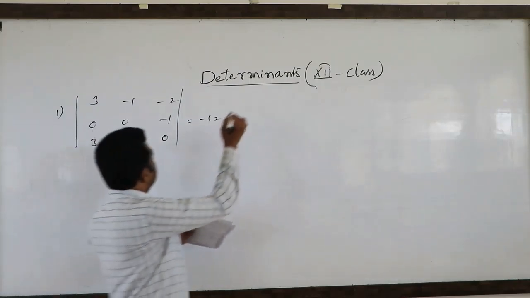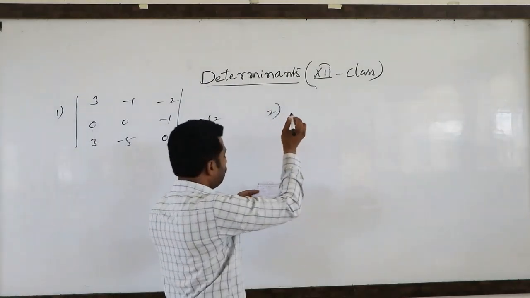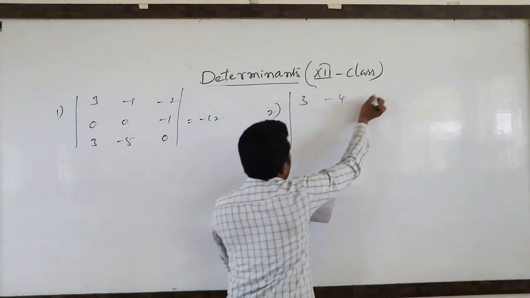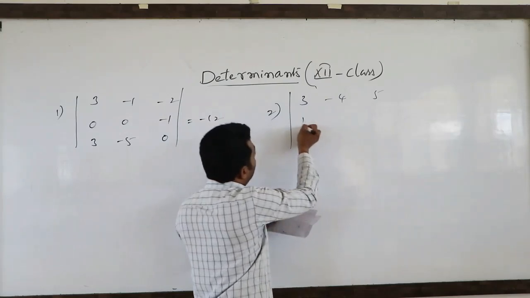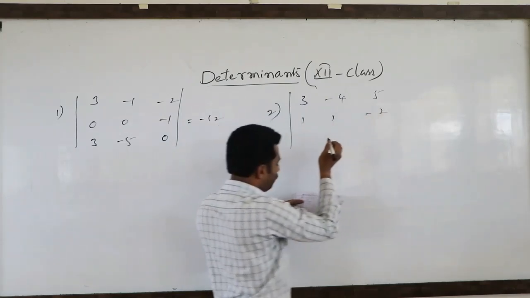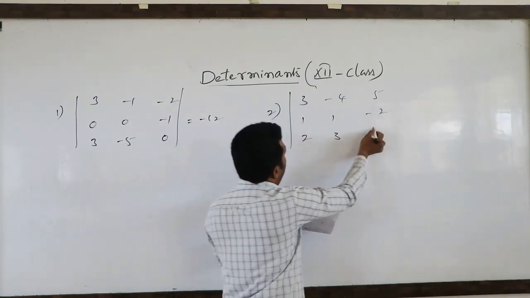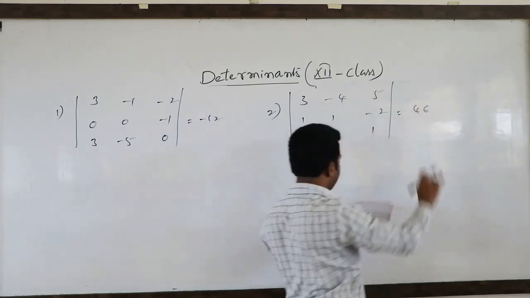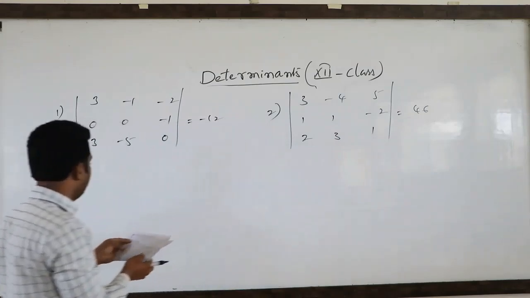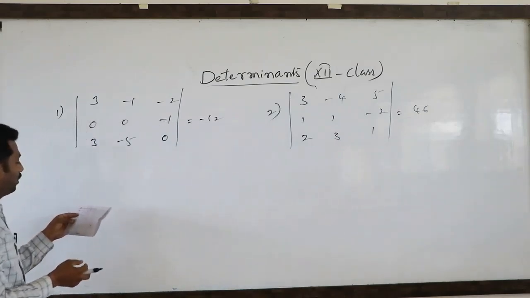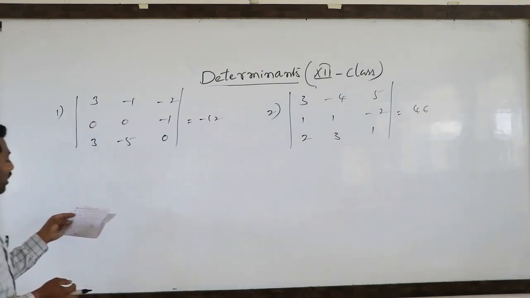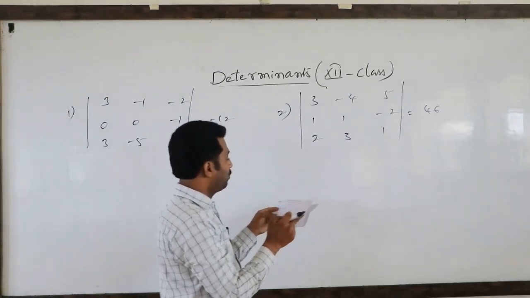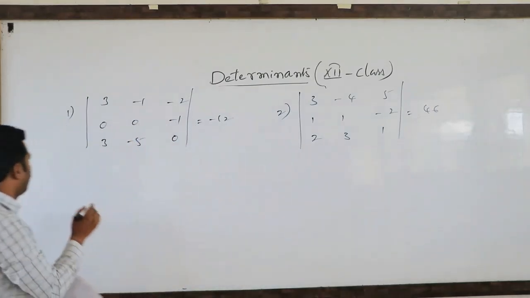Next, second question, determinant of 3 minus 4 5, 1 1 minus 2, 2 3 1. So this determinant is 46. Once again you check the elements. 3 minus 1 minus 2, 0 0 minus 1, 3 minus 5 0, 3 minus 4 5, 1 1 minus 2, 2 3 1.